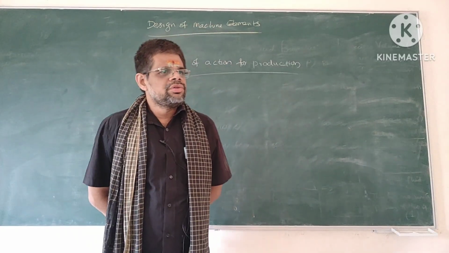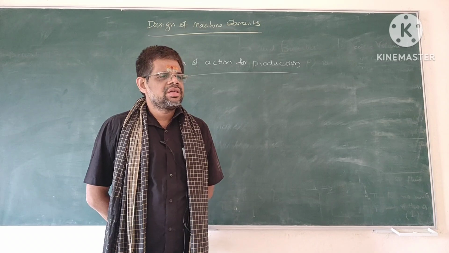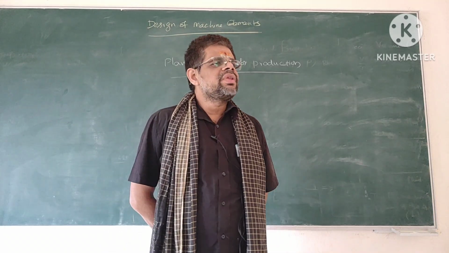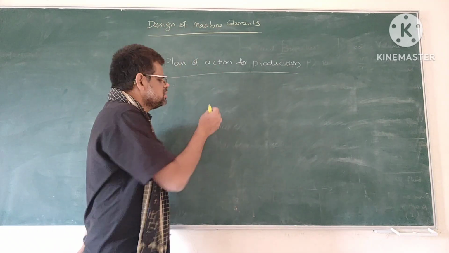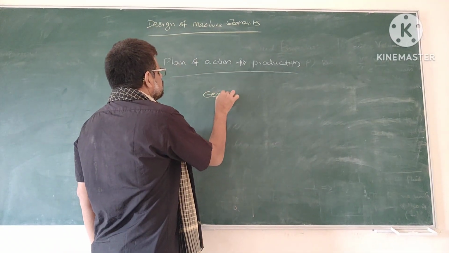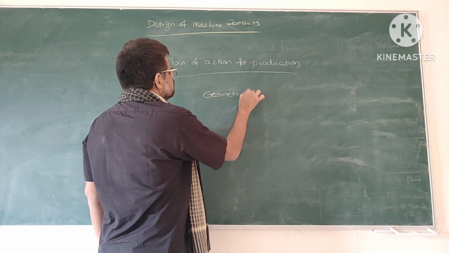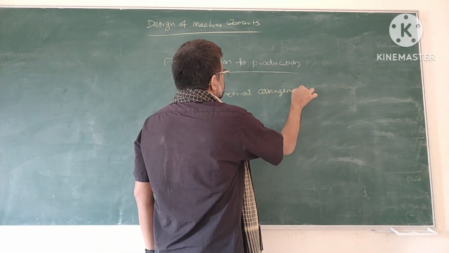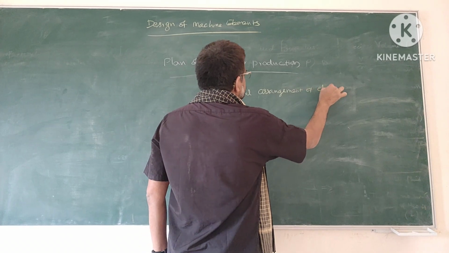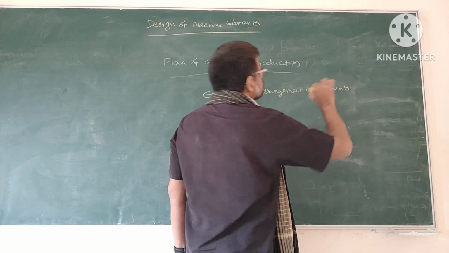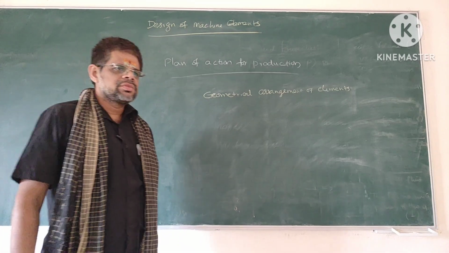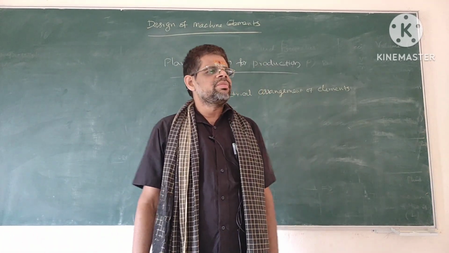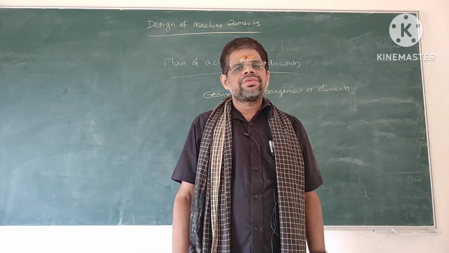Now during this process of design you are going to determine the geometrical arrangement of elements. What is the geometrical arrangement? For example, you are designing a machine. We know that the machine consists of so many elements.